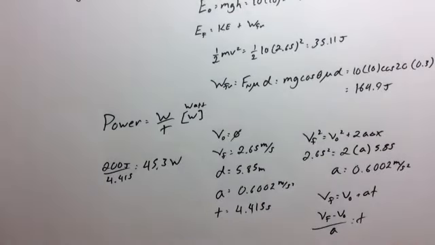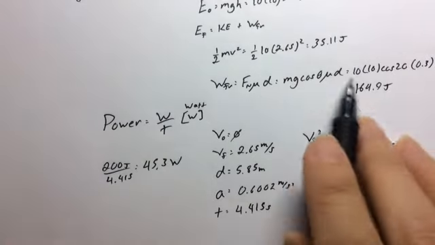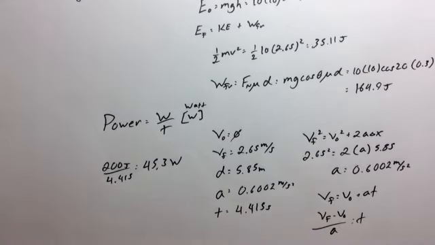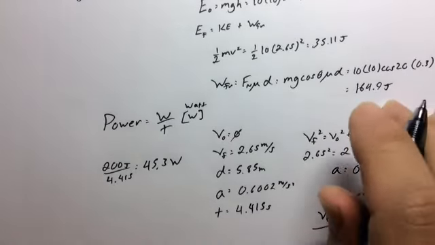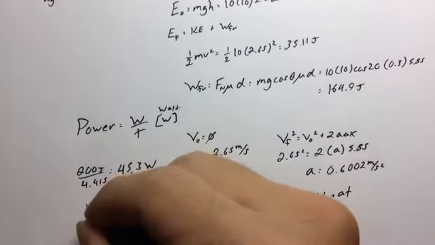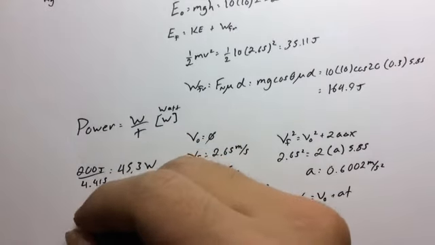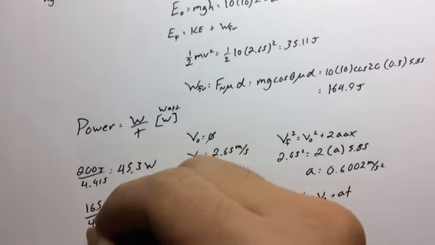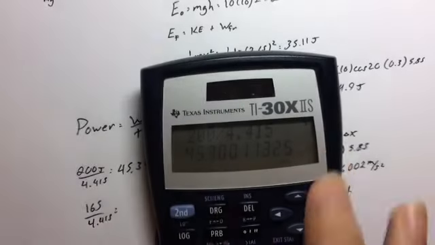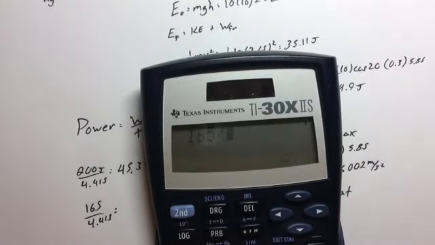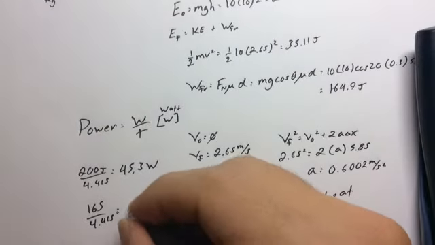Right. Now, what about friction? What is friction doing? Well, friction did 164, let's say 165 joules of work. It was negative, though, in the same period of time. And that's equal to 37.37 watts.